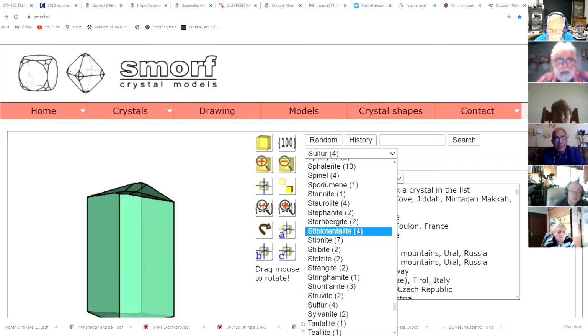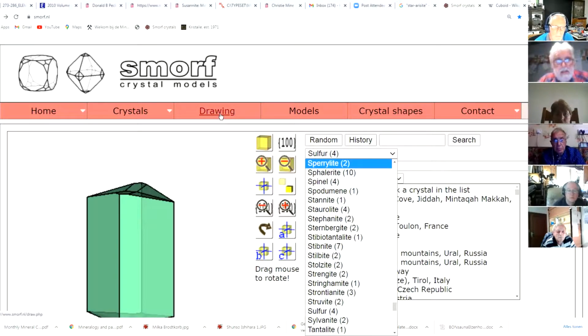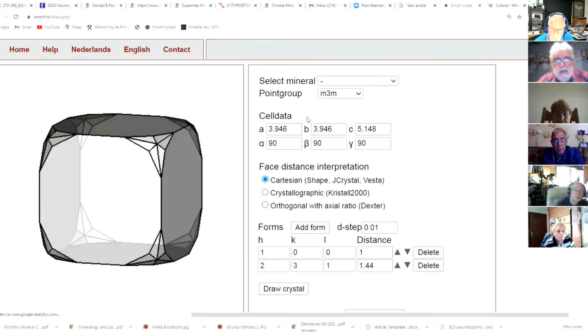Sometimes there are more minerals listed here than in the drawing section. Mark hasn't made drawings of every mineral species, and so certain minerals will not be in the list. And then the only way you can do it is what I showed you: adjust all the parameters here, add the forms you want to add, draw the crystal and see what you come up with.